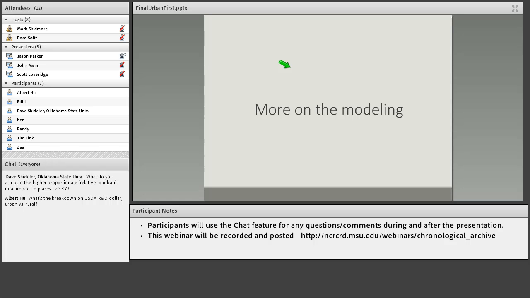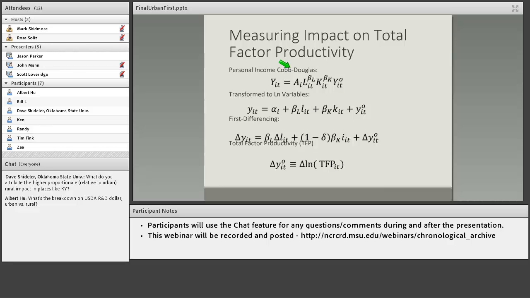So essentially, the basic modeling setup that we did is to look at total factor productivity. Sorry that the equations are not coming out in quite the right places on the slide, but that's okay. We started off with a standard personal income model, a Cobb-Douglas economic model for personal income, which we transformed into logs, and then first differenced and computed the total factor productivities by state, by urban and rural sector.